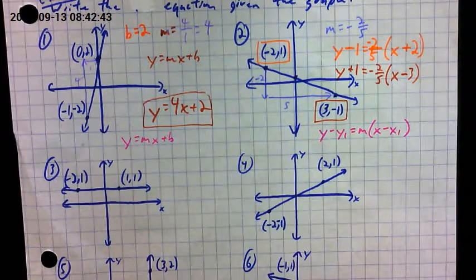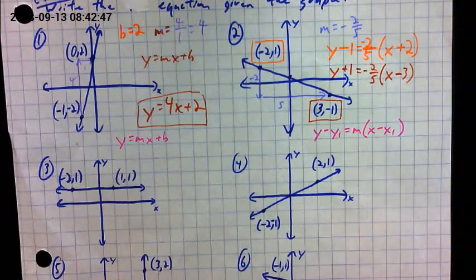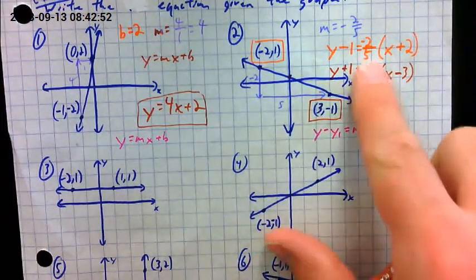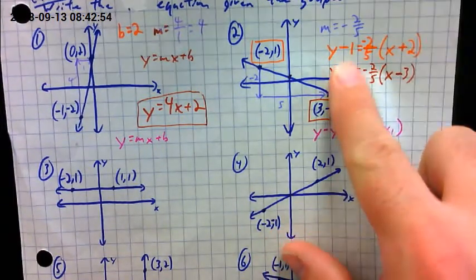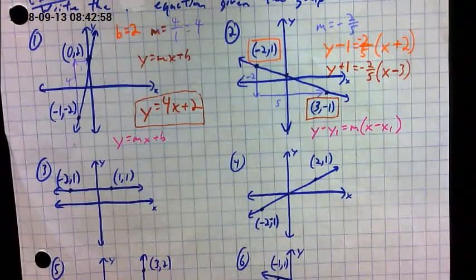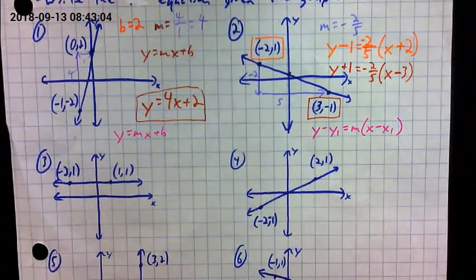If you wanted to check to see if they were the same, you could take both those equations and change them to slope-intercept form by solving for y. In order to do that, you'd have to distribute your slope, and then move that one value over to the other side, and you would have the same exact equation. So there is a possibility of having more than one equation as a correct answer. Now, for your test, you will have all multiple choice.